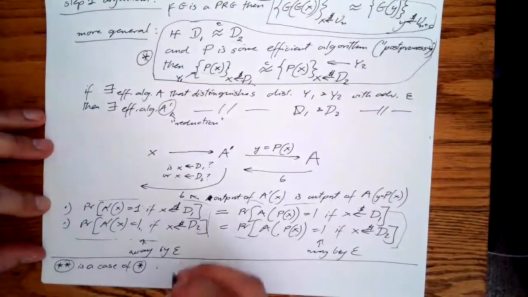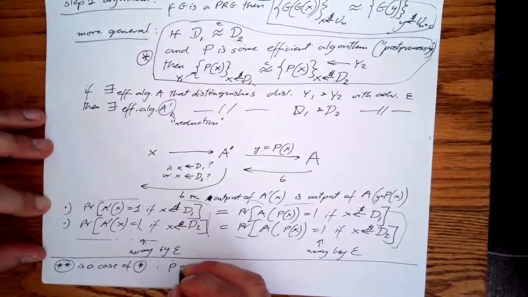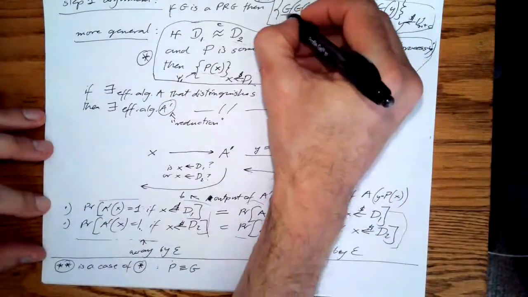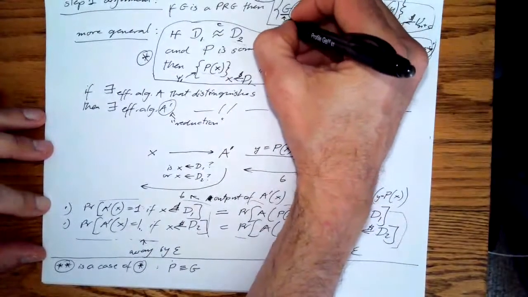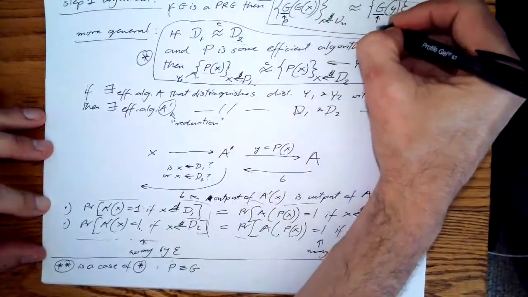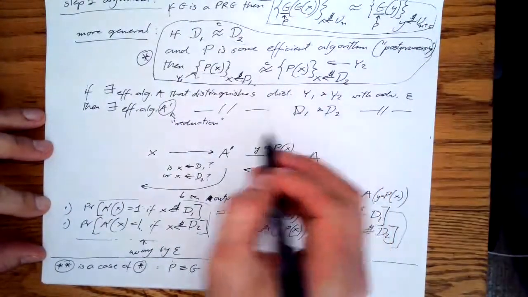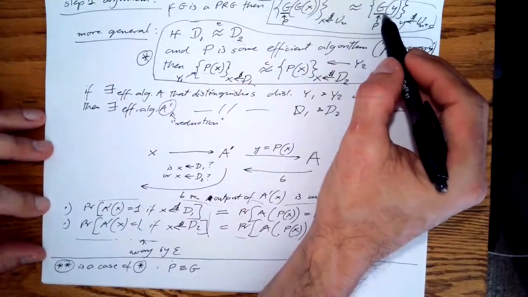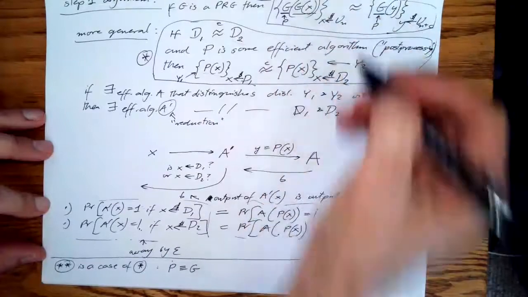What is the case? P, the post-processing, is just applying G. So in both cases, I'm post-processing with G. This is my post-processing. And what are the underlying distributions to which I apply G? Well, the first distribution is like this.